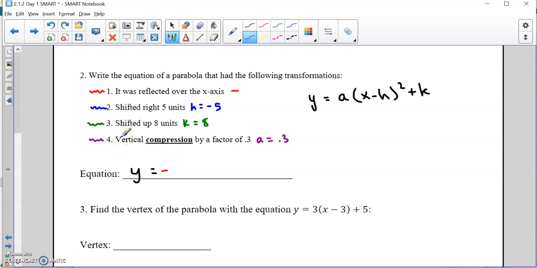Okay, now that we have all that information, we can just stick everything in its respective spot based on our equation. So we got our negative sign, and so our a value comes next. Our a is 0.3, so we're going to put a 0.3. The x is always there, don't worry about that. h is -5, so we're going to have a -5 here.